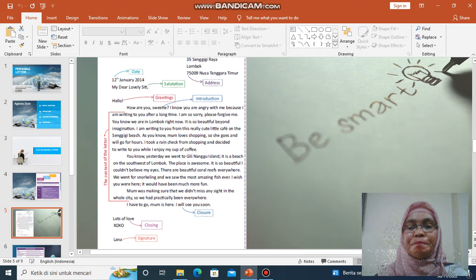And then it is the example of the letter. Look at the example. There is the place. Here is the place of the sender, and then there is the date of the sender, and then my dear lovely Siti. It is the salutation.